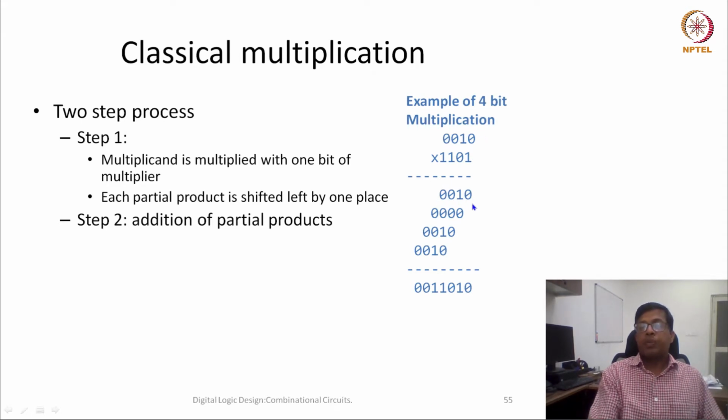Now the next time we are adding, instead of the 0th bit we look at the first bit. If it is 0, then the whole multiplicand is shifted left, and then addition is performed. For the second bit it is again shifted left, and for the third bit it is shifted one more time, then addition is performed.